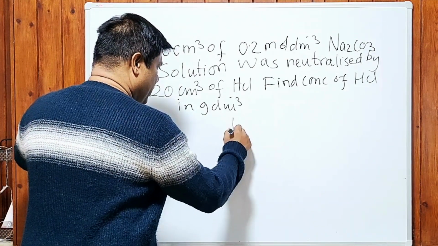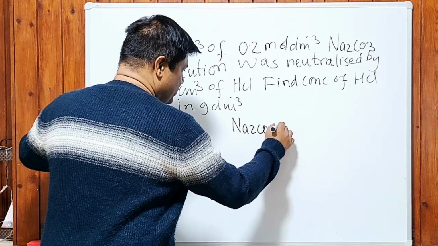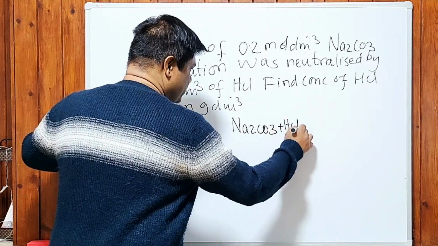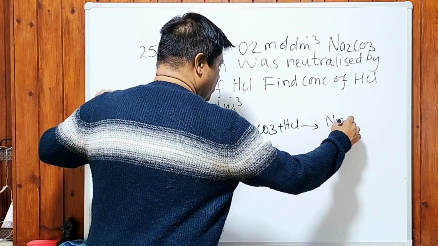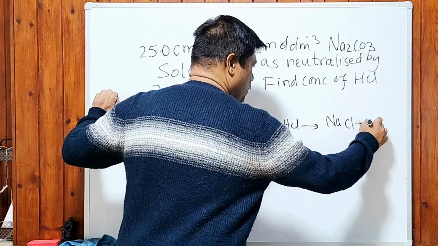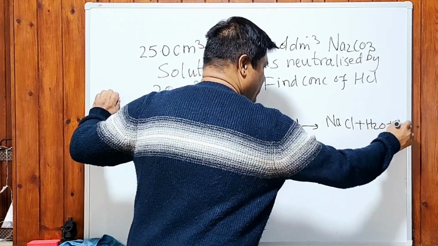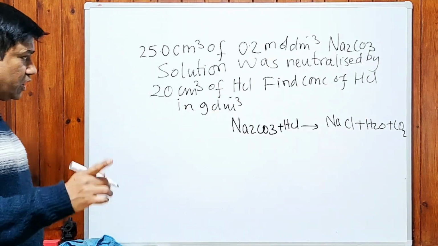Sodium carbonate, Na2CO3, plus hydrochloric acid gives sodium chloride plus H2O plus carbon dioxide. Any carbonate when reacted with acid gives salt, water, and carbon dioxide.